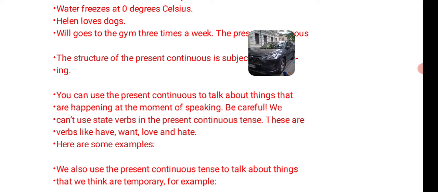Here are some examples: I am speaking, I am writing, I am sending the letter, but you can't say I am wanting, I'm loving, I'm hating. It's incorrect, because state verbs like have, want, love, and hate aren't used in the present continuous.